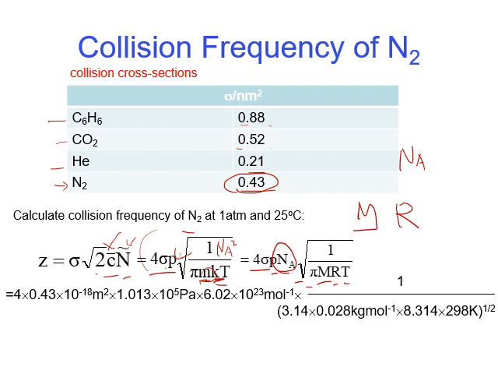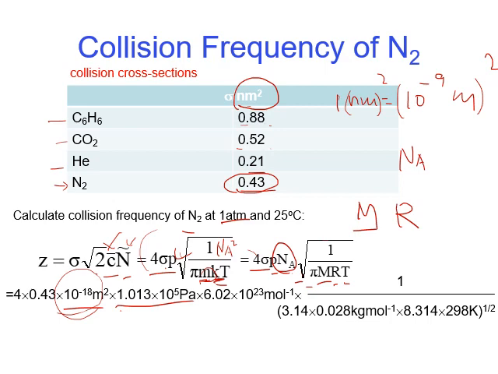Cross-section area here is in nanometer squared, so you need to change to meter squared. 1 nanometer equals 10 to the minus 9 meter, so squaring it gives you 10 to the negative 18 meter squared. And then times pressure, 1 atmosphere, which is 1.03 times 10 to the 5th Pascal.